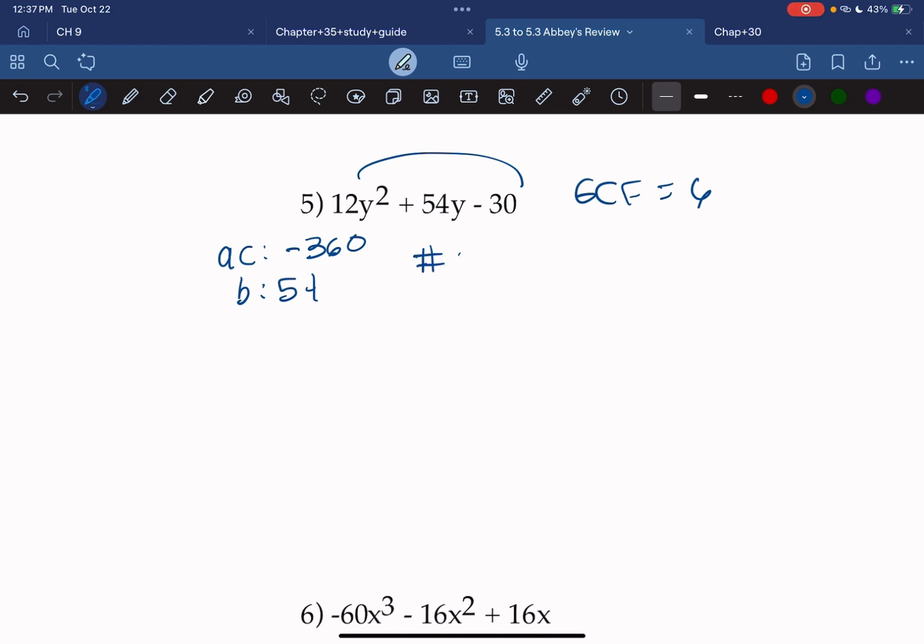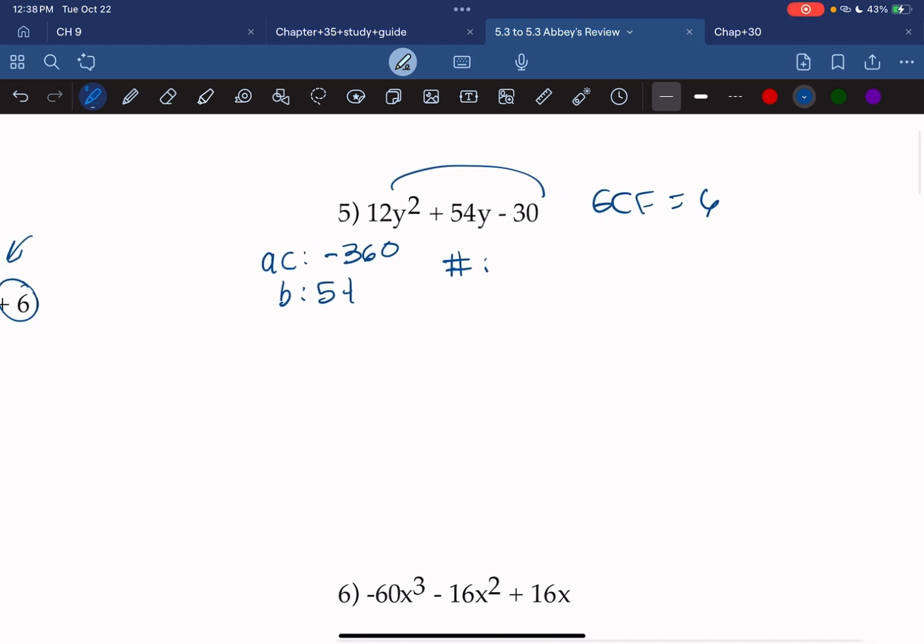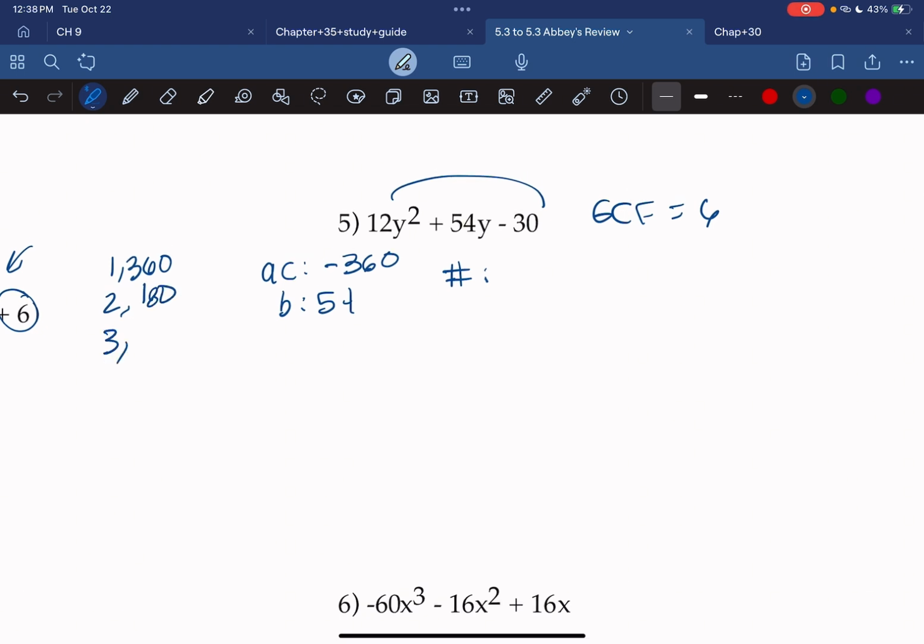We have to find two numbers that multiply to negative 360 and add up to be positive 54. I actually haven't done this before, so let's do it together because I don't know. We can do 1, 360, 2, 180, 3, 120.